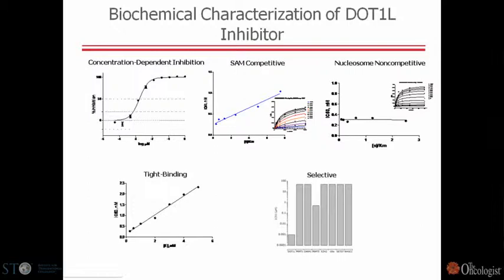For most of the other HMTs, the IC50 is greater than 50 micromolar. One exception, an RMT, has an IC50 in excess of 500 nanomolar, so greater than 500-fold selectivity.